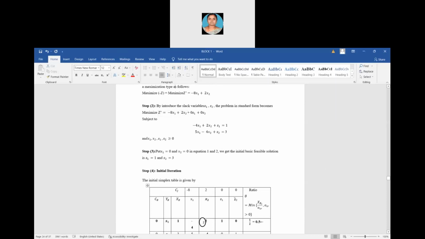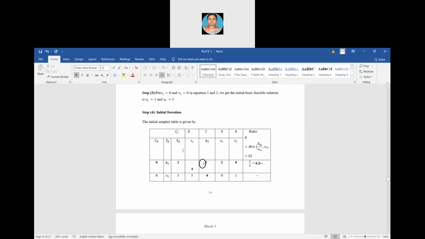And in the columns we are having Cb, Yb, Xb. Initially all the Cb values are 0. Yb means the slack variables we have introduced, s1 and s2, and the corresponding values we got previously, s1 equal to 1 and s2 equal to 3. So 1 and 3 we have to enter.